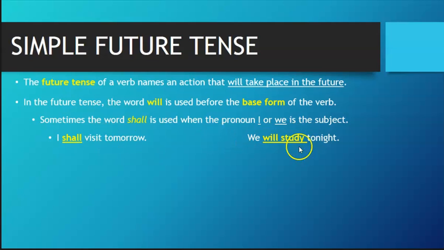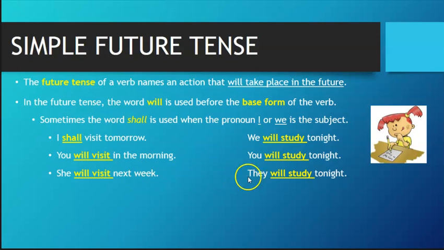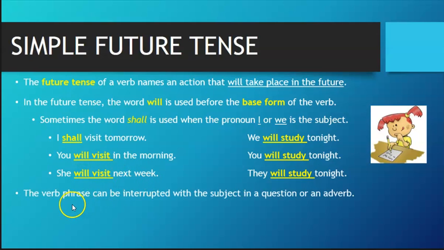We will study tonight. So shall visit is future tense. Will study is future tense. You will visit in the morning. You will study tonight. She will visit next week. They will study tonight. So in every case, regardless of the subject, we add will in front of the base form of the verb to make future tense.